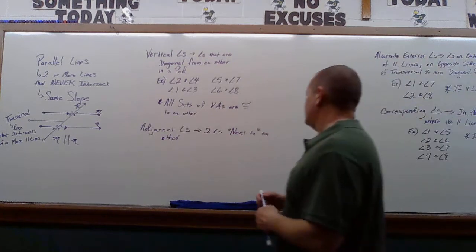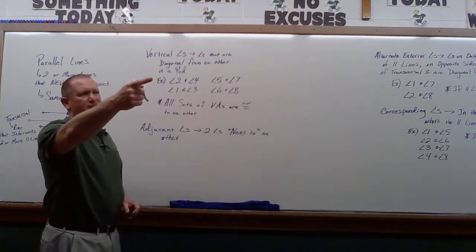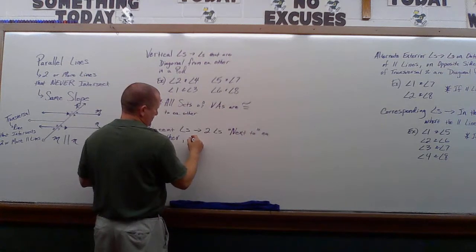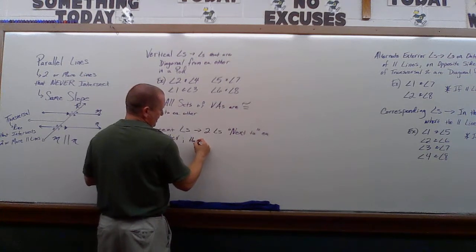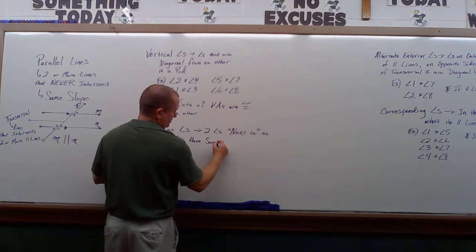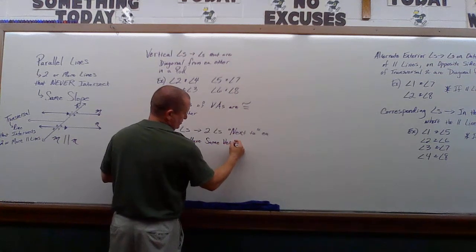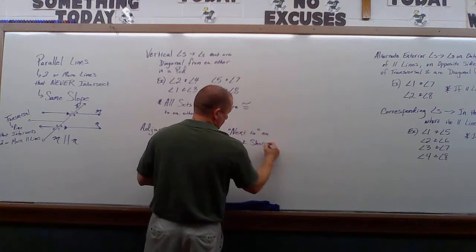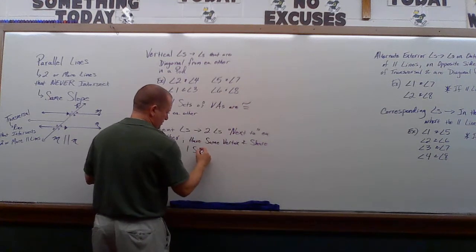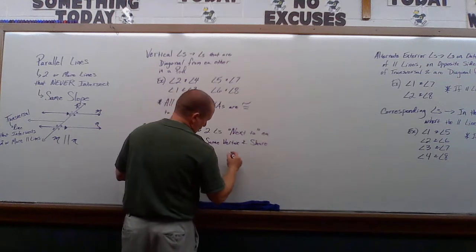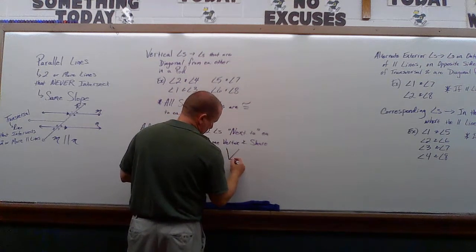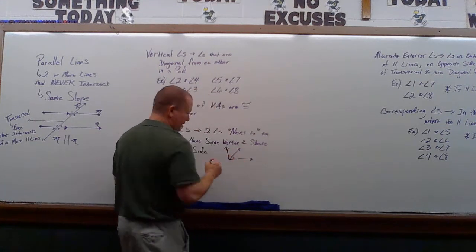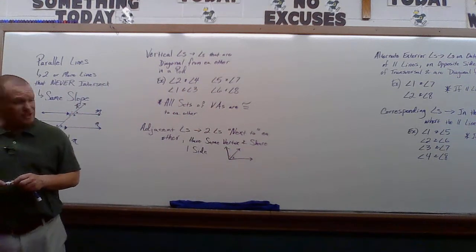If you want to get a little more specific about this, you can see up here, these would have the same vertex and share one side. So if I said angle 1 and angle 2 here, those are adjacent to each other.